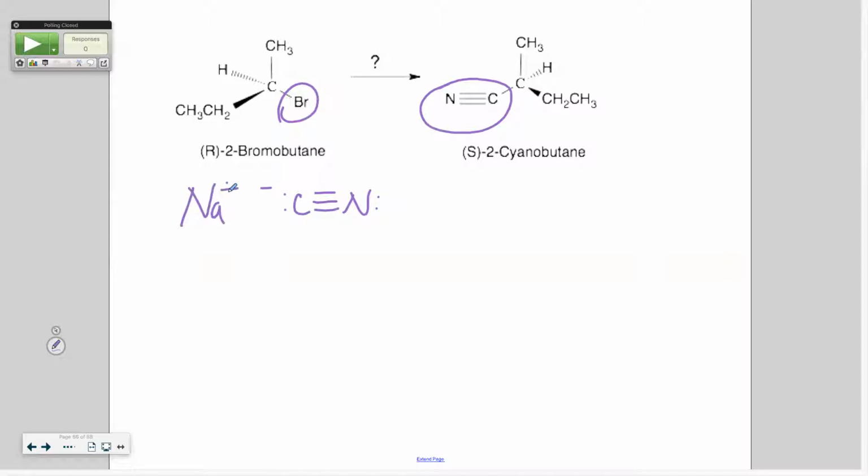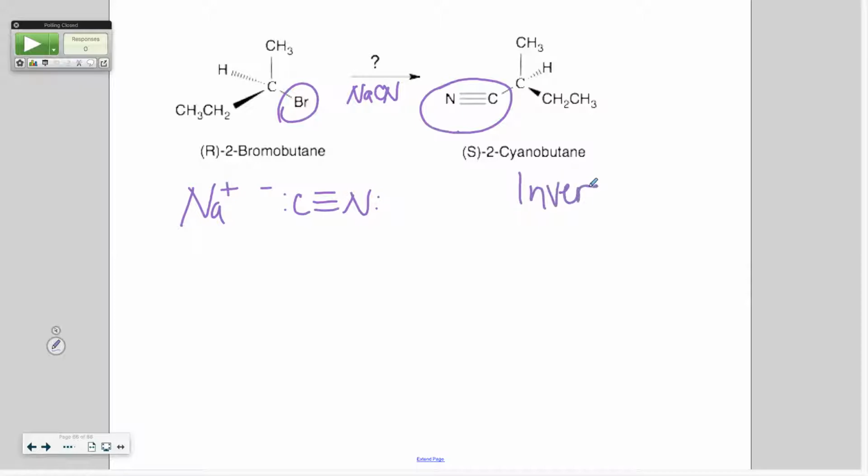A counterion. So you could write NaCN up there. Okay. Now, what can you tell me about the stereochemistry? What happened? Yeah, what is that called?